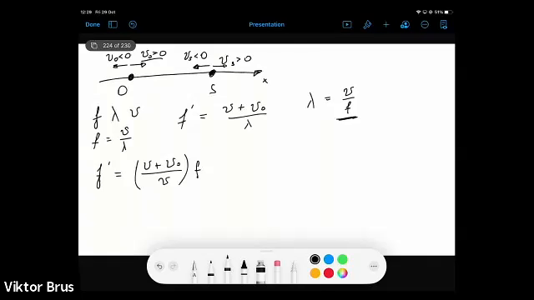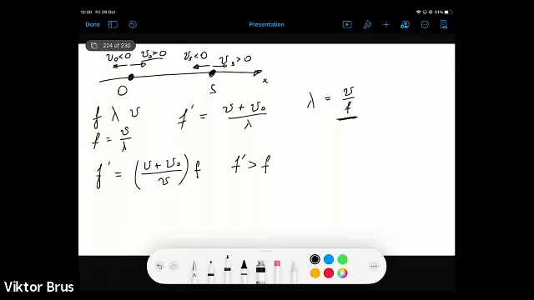So we see that our numerator is larger than our denominator because we have V plus V naught. If our observer moves toward the sound source, V naught will be positive, so the numerator will be larger than the denominator, which means that the frequency which the observer will hear will always be larger than the real frequency of the generated sound.